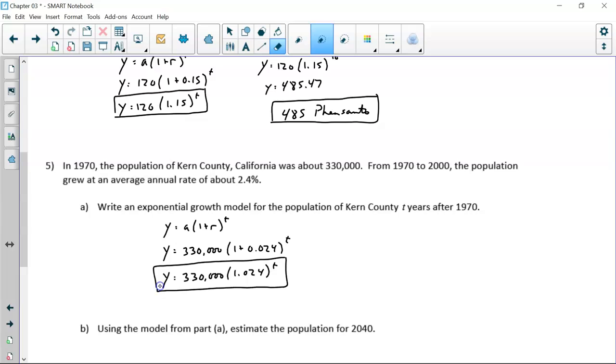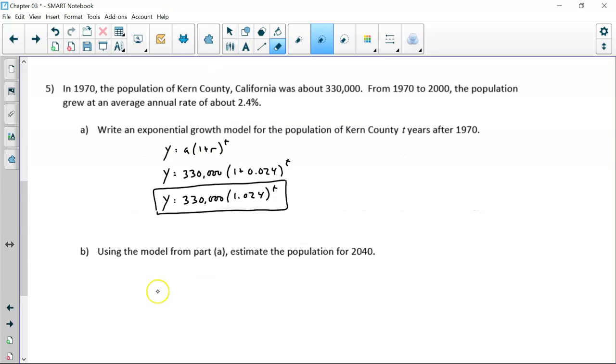Now we're looking at the population in 2040. Now, we're starting year 0 is 1970, so our T, our exponent, is going to be 2040 minus 1970, so T is 70. We're looking 70 years into the future. 330,000 times 1.024 to the 70th.